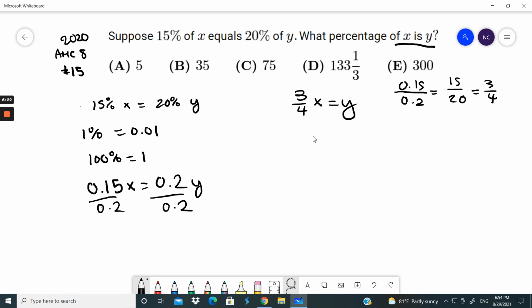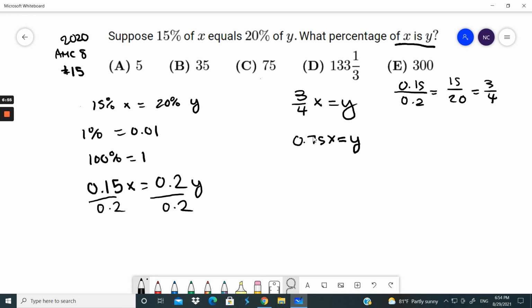Now from here, we have our answer, but we need to change it to a percentage, because 3/4 times x is y. We know what fraction of x is y, we just need to change it to a percent. So 3/4, as many of you probably know, is 0.75x. So 0.75x is equal to y. Now from what I said earlier, we have to figure out how to change 0.75 into a percent.